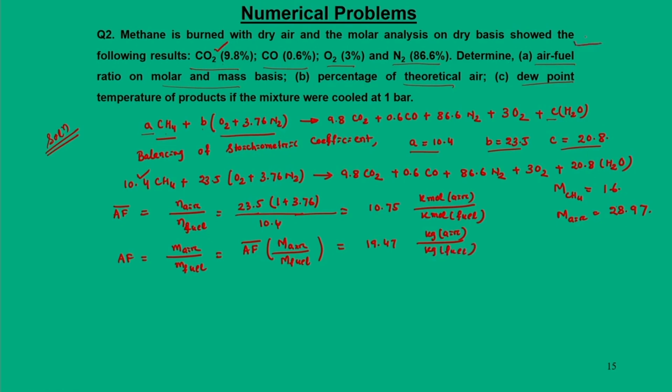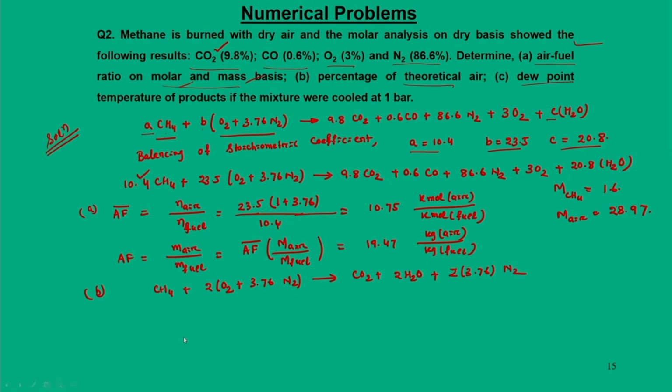So, we get air fuel ratio on molar and mass basis. Next, percentage of theoretical air. If it is a balanced chemical reaction, what would have been that? CH4 plus 2 times O2 plus 3.76 N2 will give you CO2 plus 2 times H2O plus 2 into 3.76 N2.